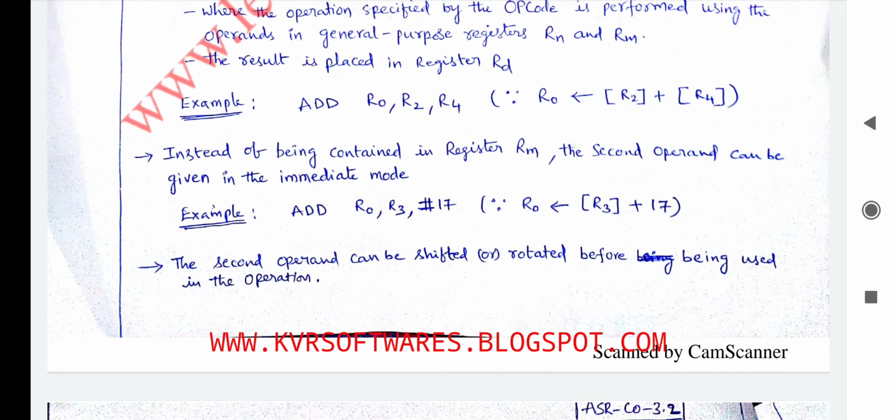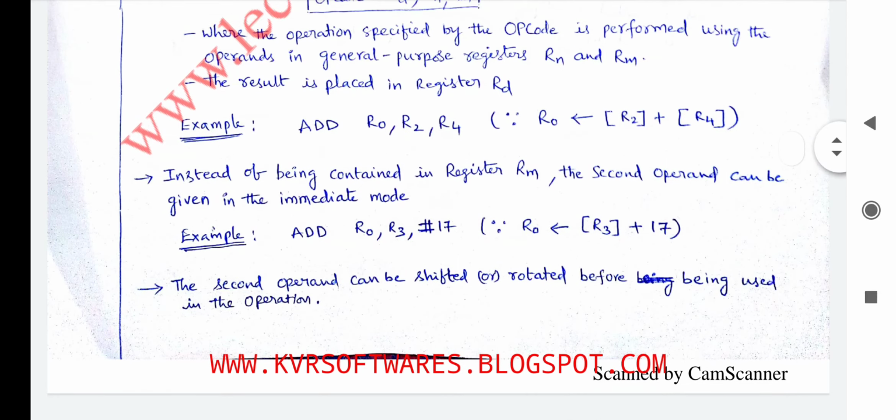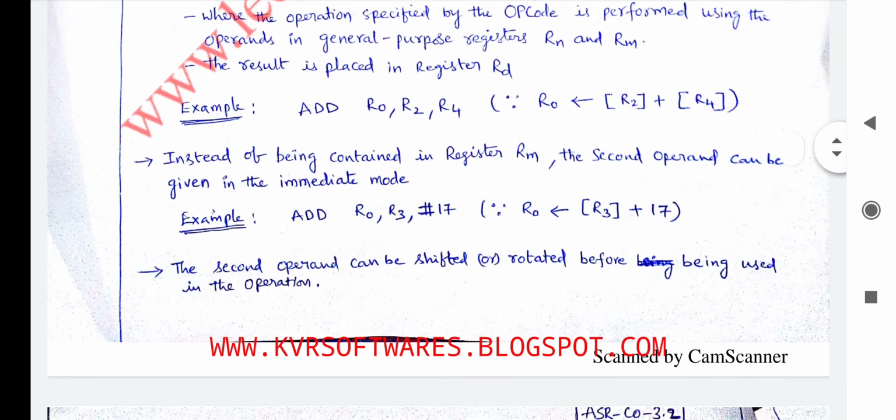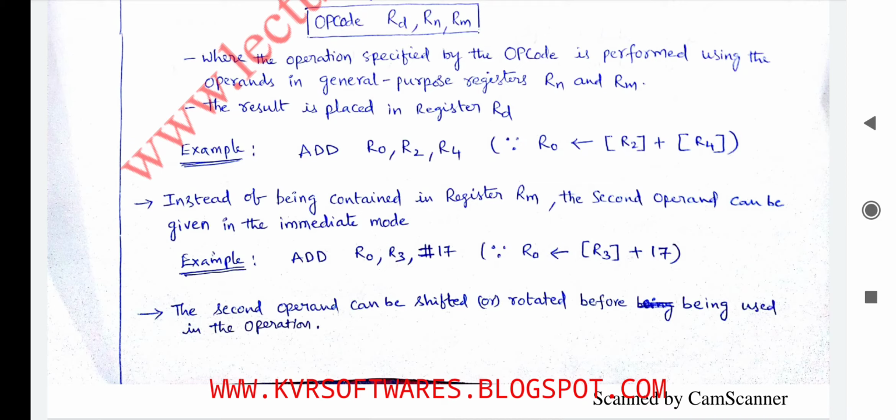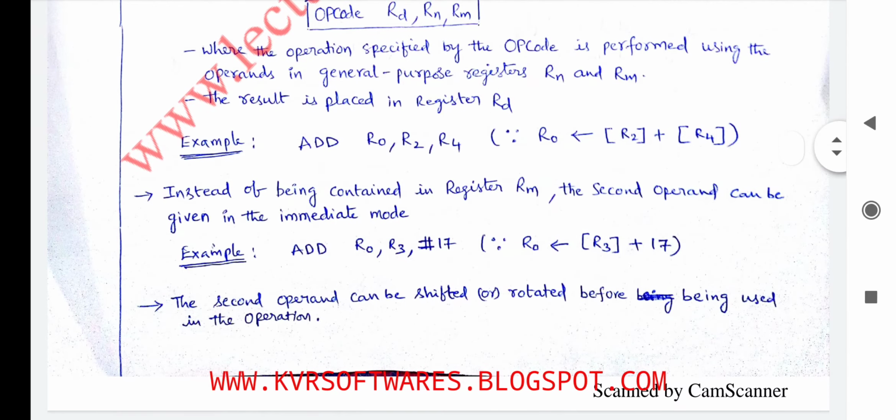The value 17 is added to the content which is stored in the register R3 and stores the result in R0.